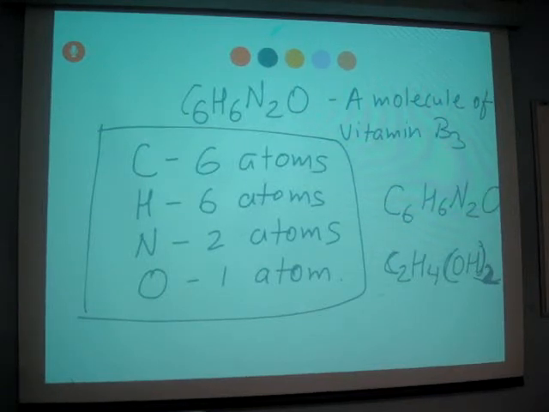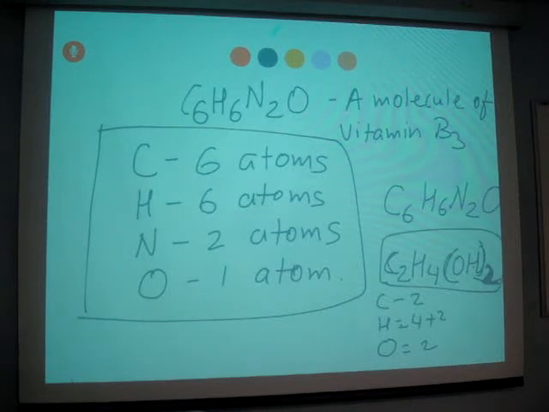So for that, carbon is 2, hydrogen is 4 plus 2 because there is a 2, and then oxygen is 2. So that's how you can write how many atoms are in a formula unit. Right? We'll work on a few more examples.